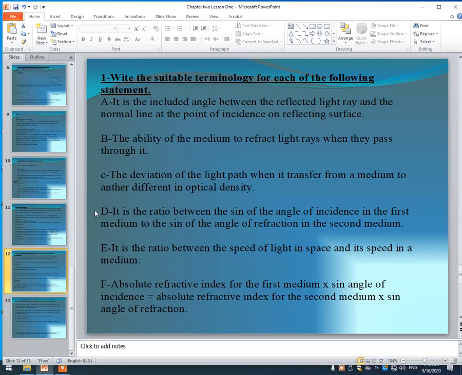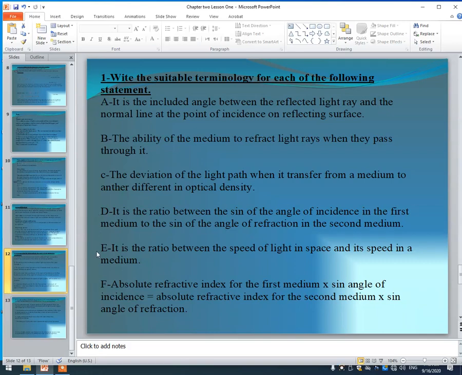Try to think. Sine phi over sine theta is equal to n12. This is called the relative refractive index.